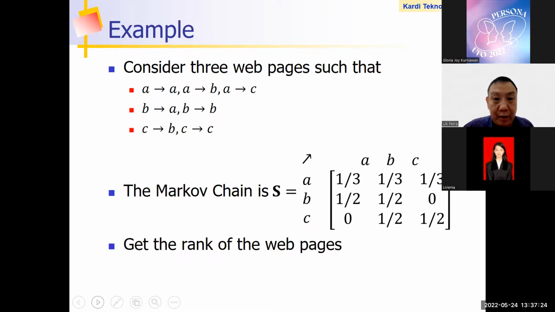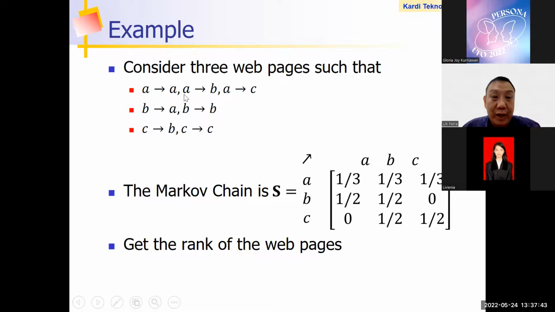Now I want you to change. I give you this example. Suppose you have 3 web pages. From A will go to A. This is the link, you know the hyperlink, right?